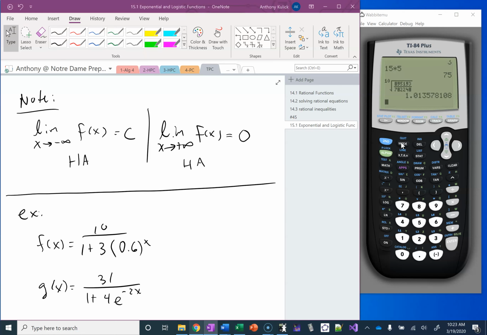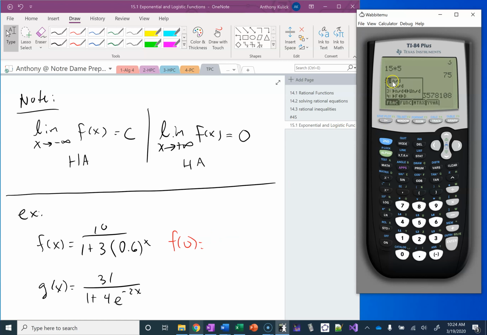So for example, if I wanted, say, f of 0, I would just do alpha y equals, and I'll just do 10 over 1 plus 3 times 0.6 to the 0. Oops, forgot my plus sign there. All right, and when I do that, I get 2.5. So there's a point on that curve, 0, 2.5. So no big deal.